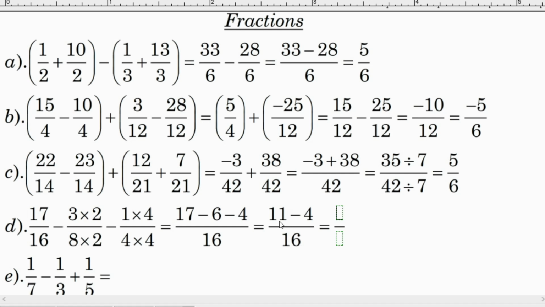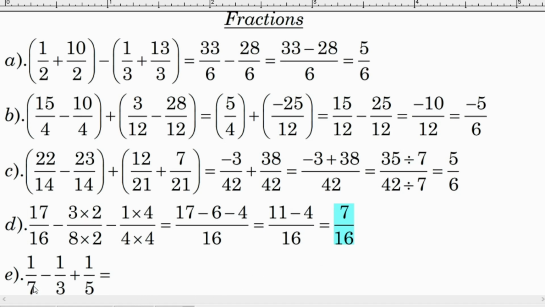Okay, here we have 11 minus 4, which is equal to 7 divided by 16. Okay, now finally we have found the answer, but the answer for this one is not the same, right? Okay, now we have to move to the next question.